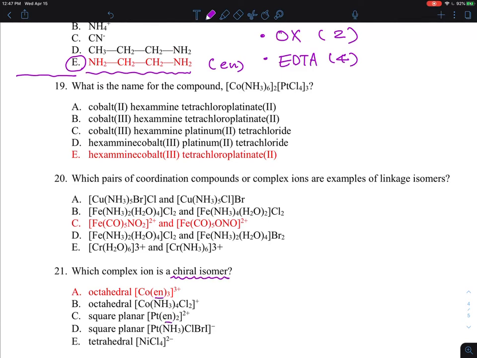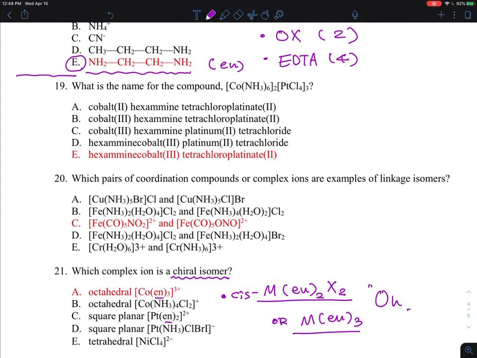One way to remember is a metal with 2 ethylenediamine and some kind of halogen, or a metal ion with 3 ethylenediamine. In this case, you have 2 ethylenediamine with 2 halides, and this must be cis. These are the 2 examples where they can have optical isomers, chiral isomers. They both have octahedral structures.